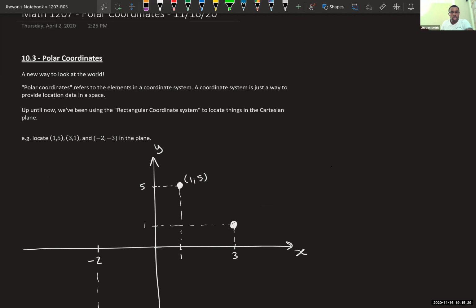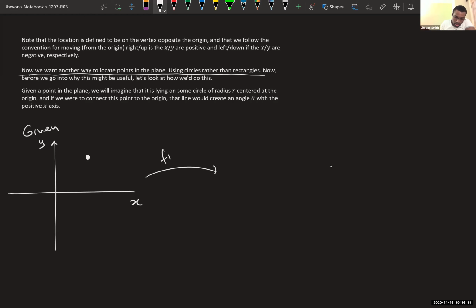So the idea is, given a point in the plane, so here's my point. Instead of creating a rectangle to get to that point, what I'm going to do is find a circle of radius r where the point lies on its circumference.